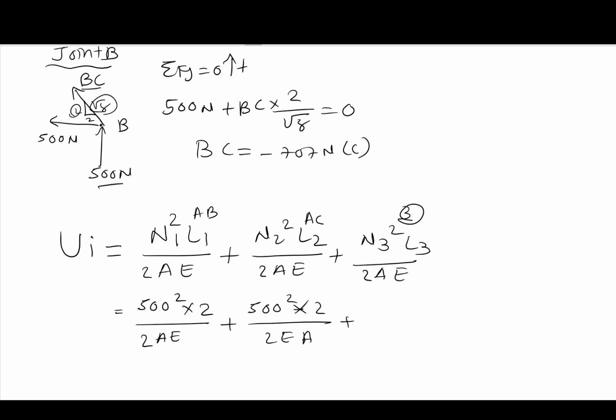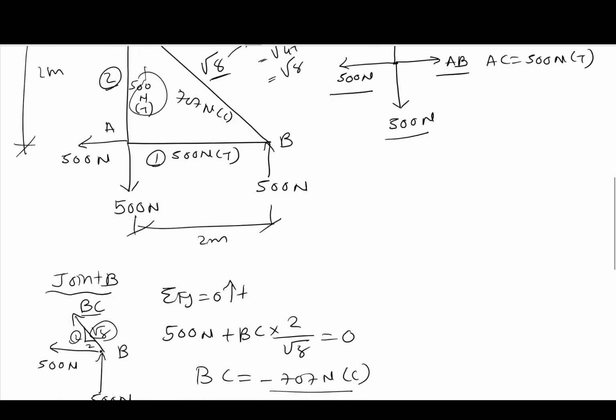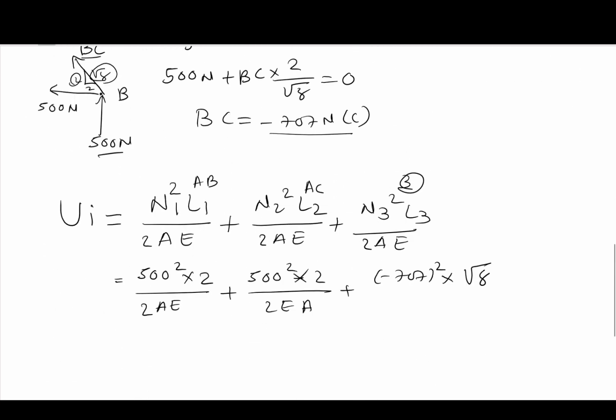Plus N3, which is BC, so minus 707 squared times square root 8, the length of member BC, over 2AE.